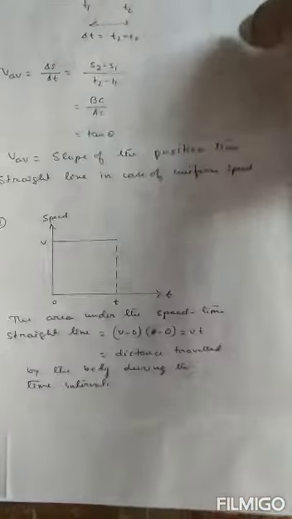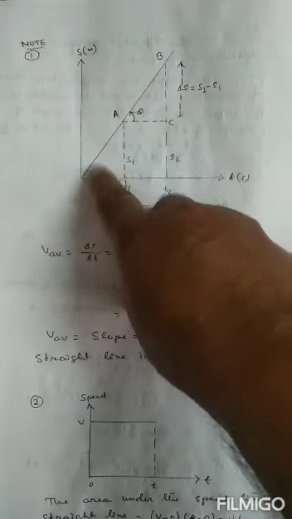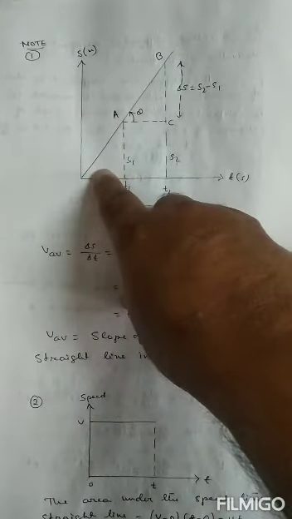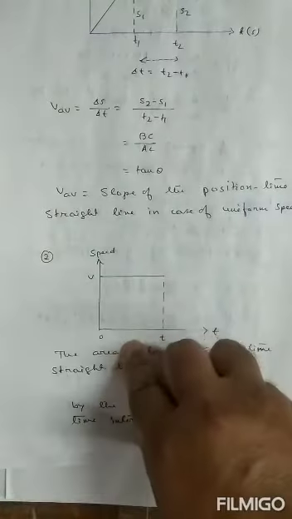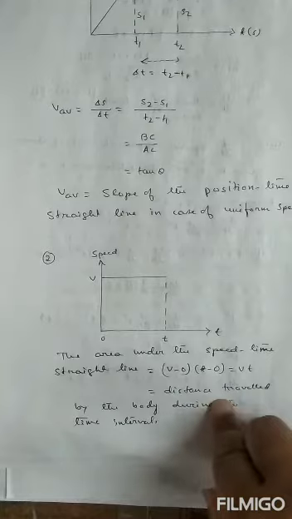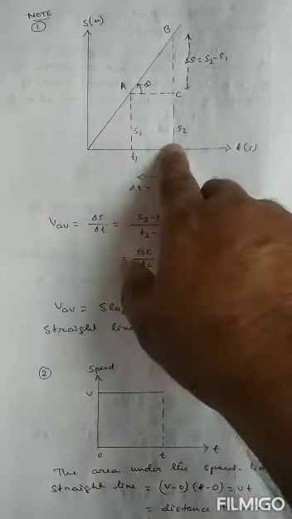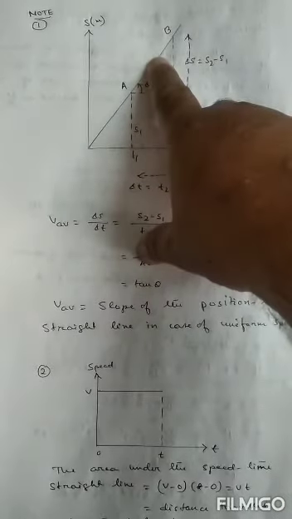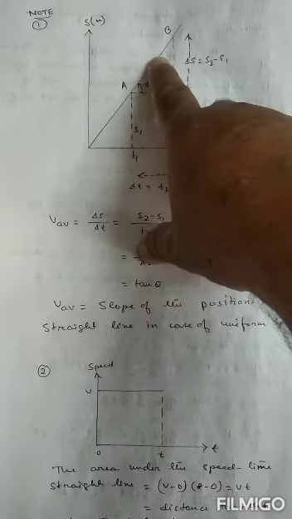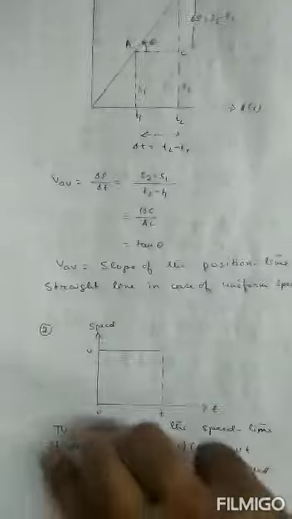That means if we have a position-time graph or distance-time graph, the slope of the graph gives us the uniform speed. Or if we have a speed-time graph, the area under the graph gives us the distance travelled by the body. If we have a position-time straight line for uniform motion, the slope of the straight line gives us the uniform speed.